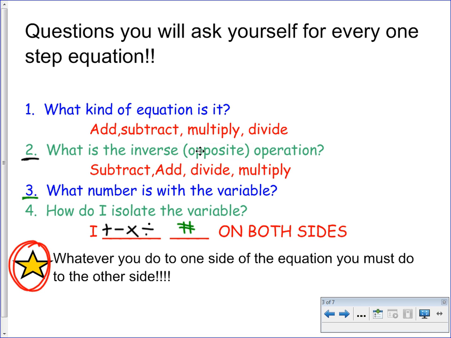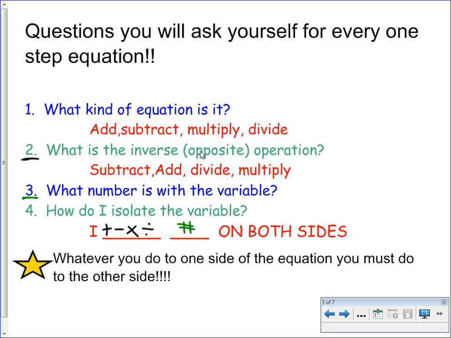Whatever you do to one side of the equation, you must also do to the other side. So please write that down. When I ask you for a password to come into the classroom, or when I walk around and see if you wrote it down, I want to see this written down. Whatever you do to one side of the equation, you must do to the other side. We're also going to get into that when we do some examples.